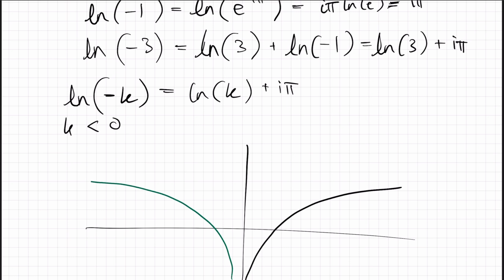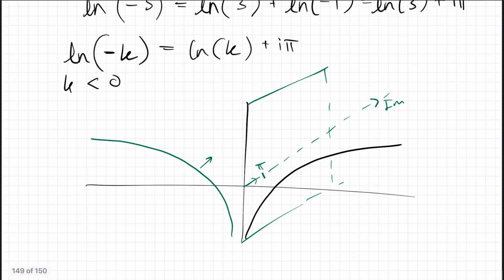If we just imagine this plane being 3D, like so, and this is the imaginary line, and let's say this point is pi. So this new ln for negative numbers is the same thing as the original ln, except it's just in a different plane, because it has this complex part of i pi. But other than that, it's basically the same thing.